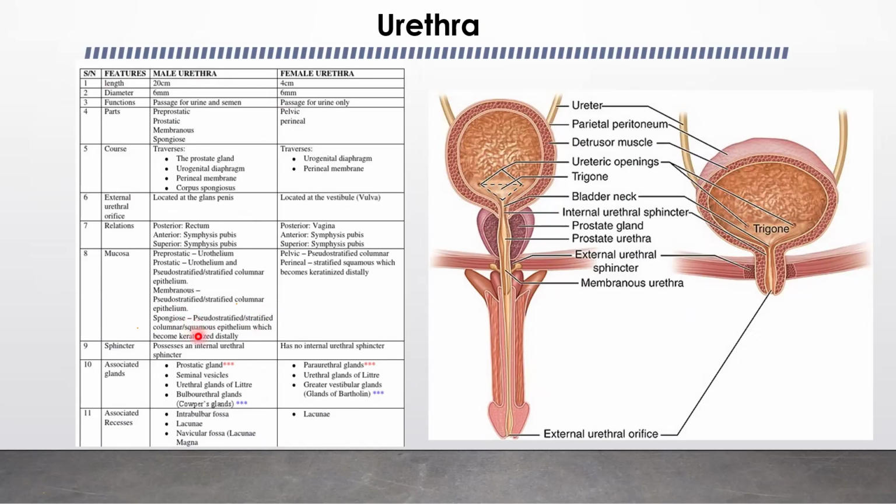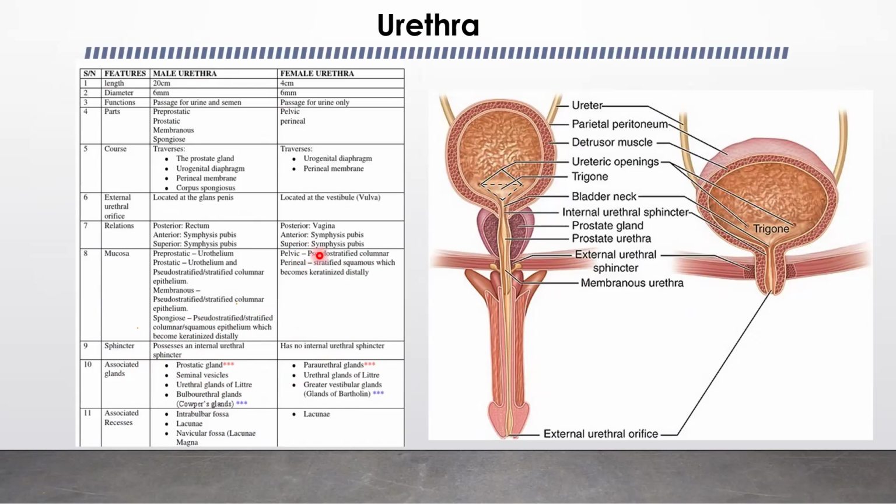Then as we move towards the glans penis, we'll have stratified squamous keratinized epithelium. Then associated glands, of course: prostatic gland, seminal vesicles, urethral glands, and the bulbourethral glands, that is the Cowper's glands in males.